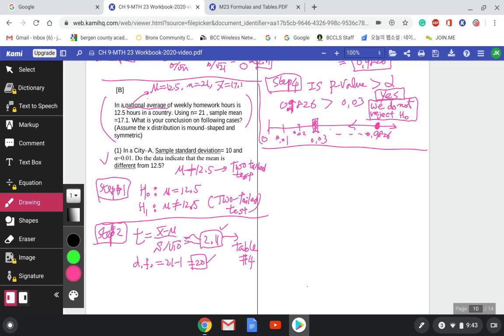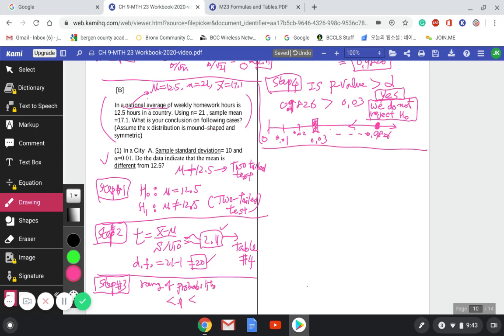So now here in step 3, range of probability, the P become 0.02 to 0.05.